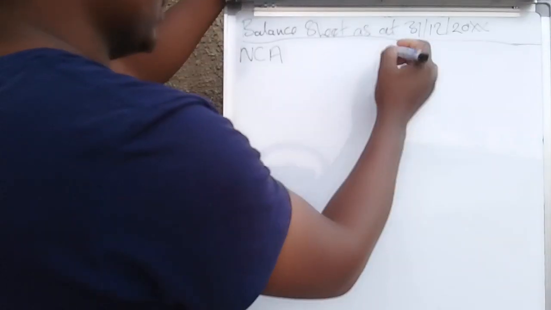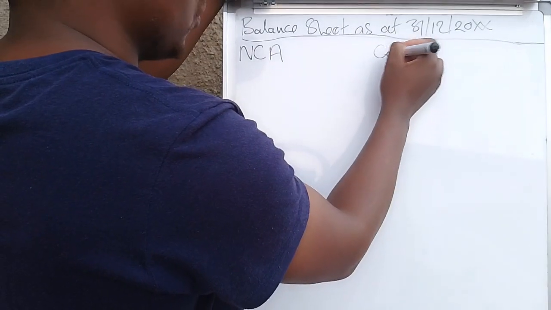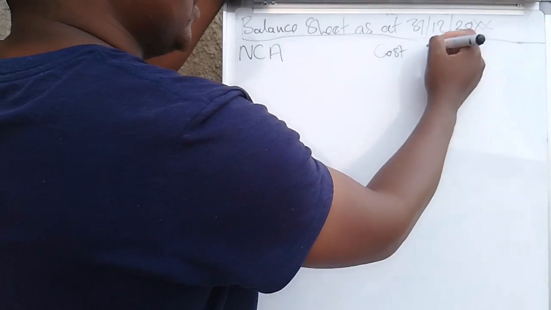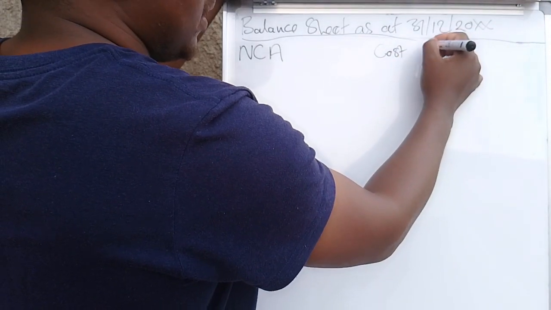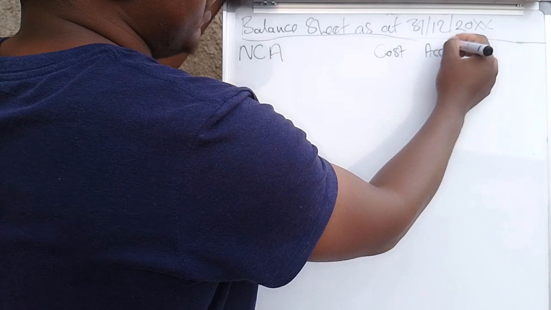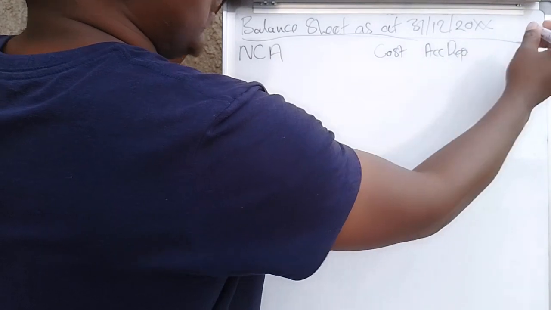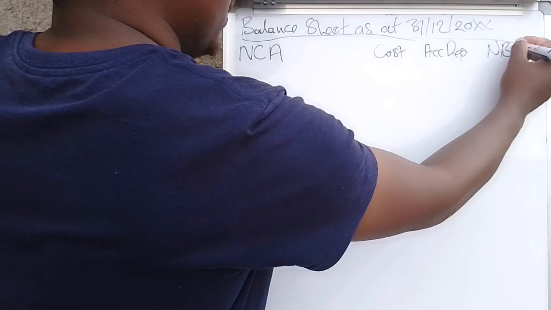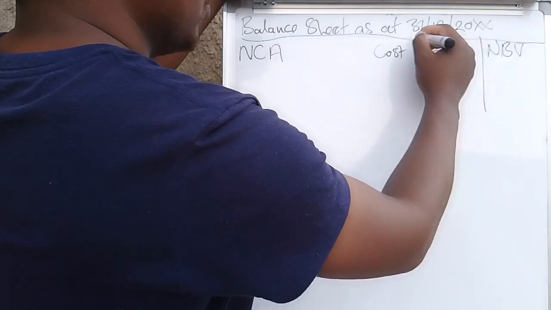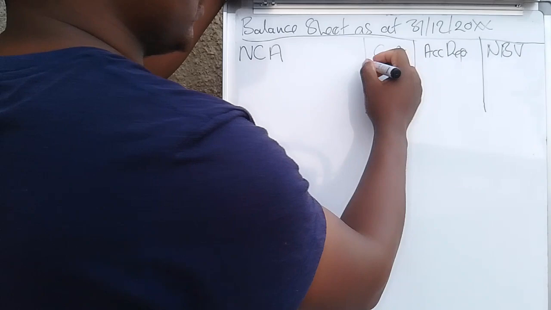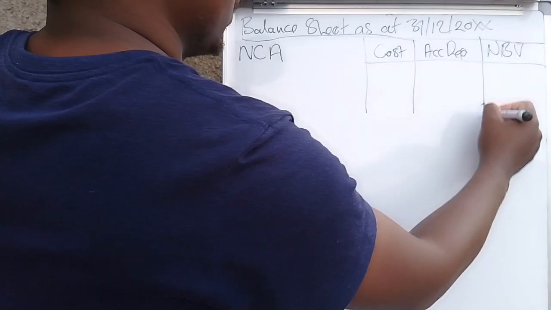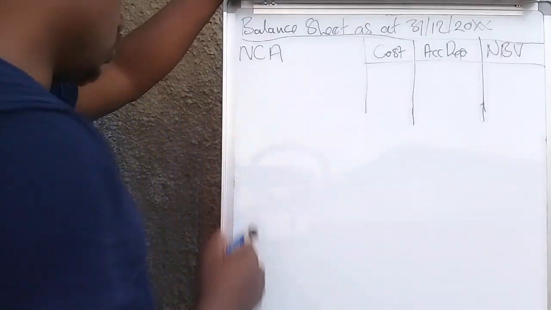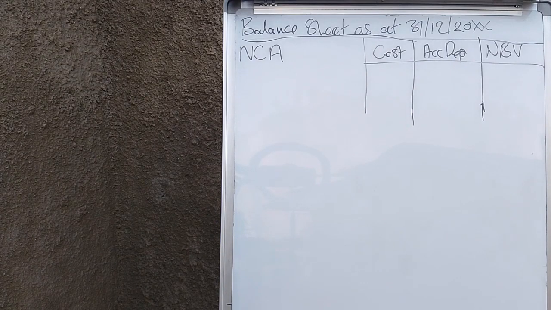Non-current assets come with three columns. The first column, the cost column, then we have the accumulated depreciation column. We also have the net book value column. So we look at our trial balance and try to identify non-current assets that we have.